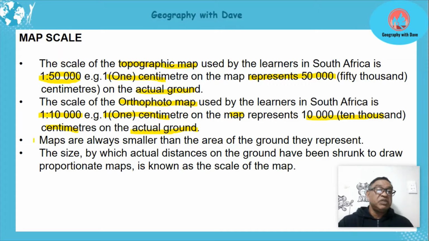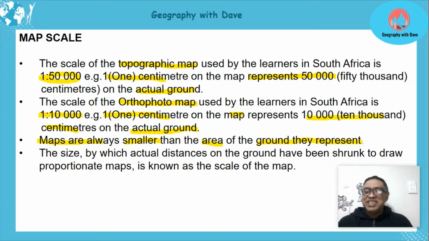Now we must note that maps are always smaller than the area of the ground they represent, at least in geography. It's smaller than the ground. That is the purpose of the map: to take a big area and make it smaller, and when you do things like actual distance, you can use the scale to find out the real distance on the actual ground.